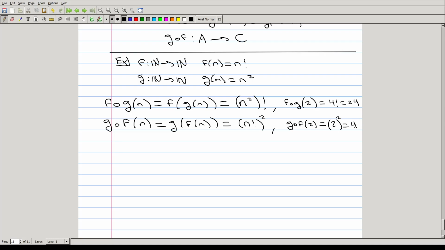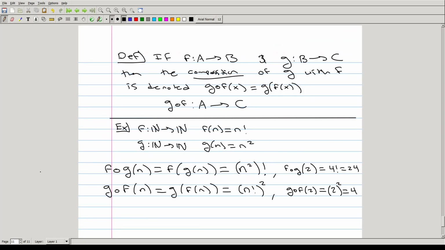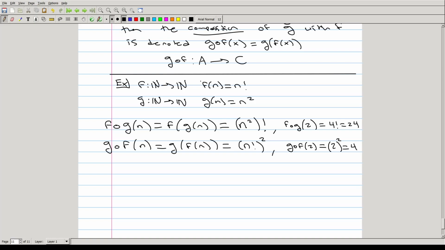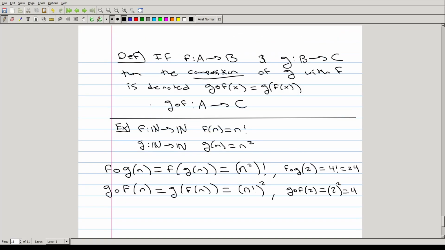So the order of a composition is very, very important, even if the sets A, B, and C are the same. But in general, we have to be very careful what the domain and codomain is of each one of these functions.